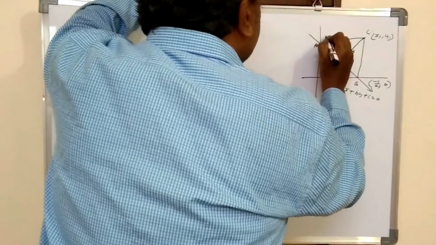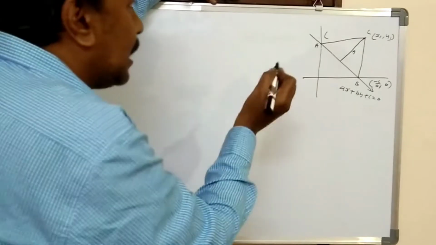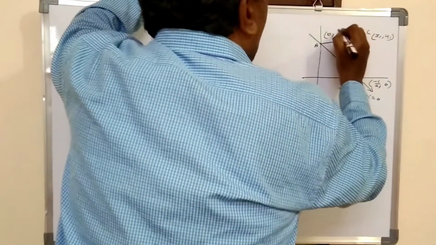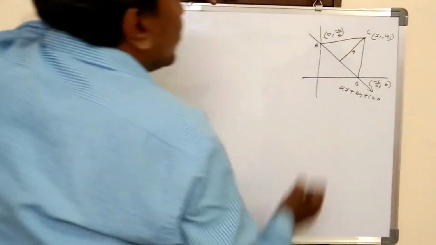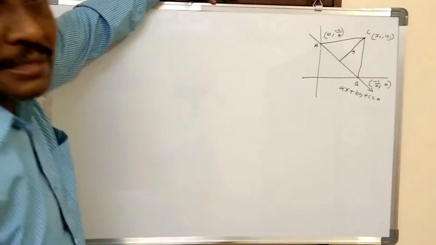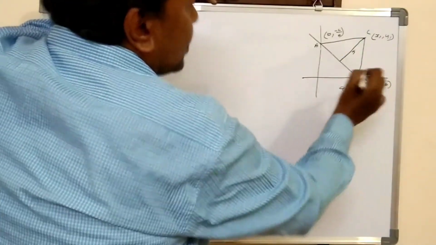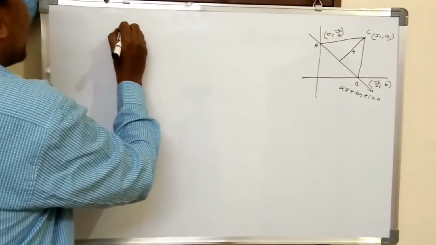Similarly, here the coordinates of A, the x coordinate is 0, so here 0 comma, what about the y coordinate? Minus c by b. So we got the three coordinates: A is 0 comma minus c by b, B is minus c by a comma 0, and C is x1, y1.